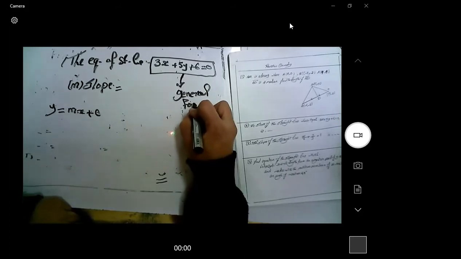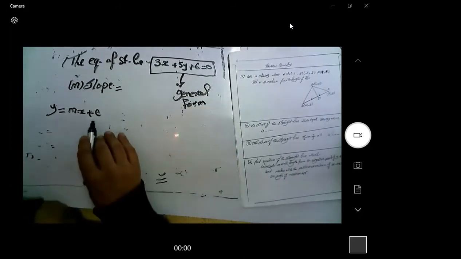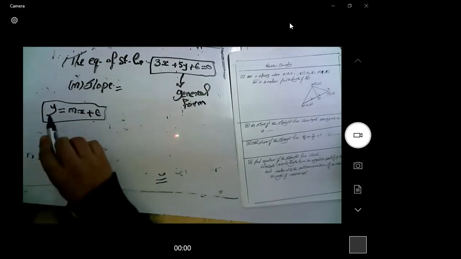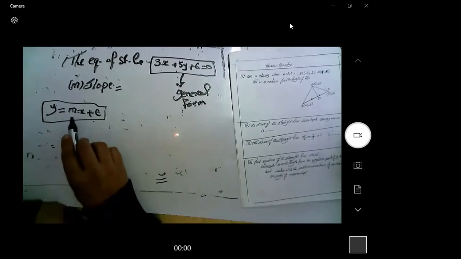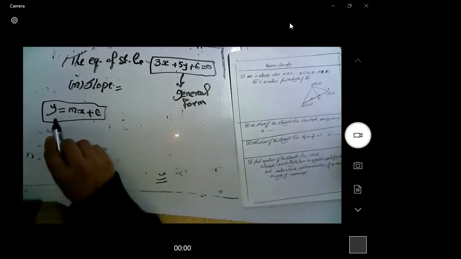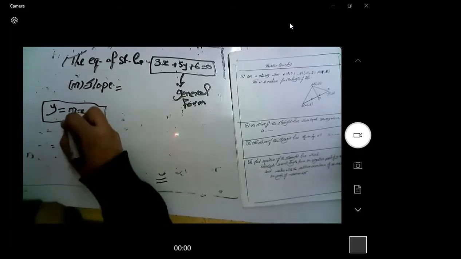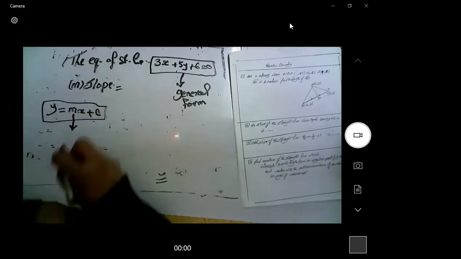The equation of the straight line has two forms. The first form is y equals mx plus c, and in this case, the slope of the straight line is the coefficient of x.